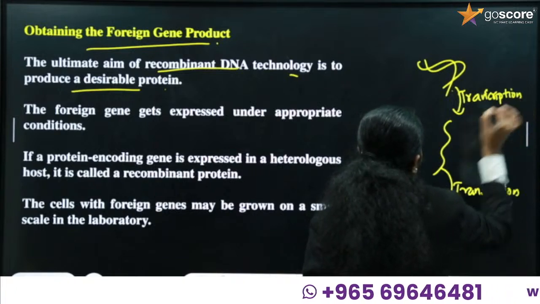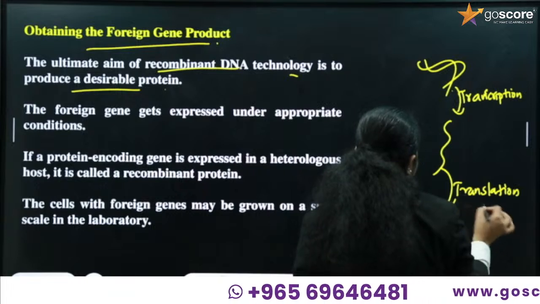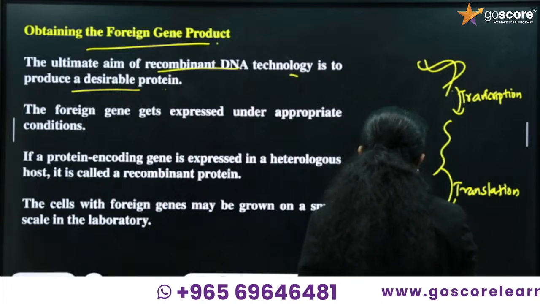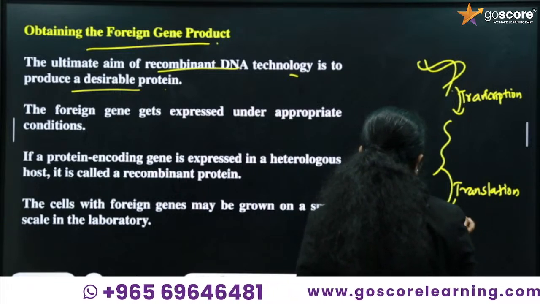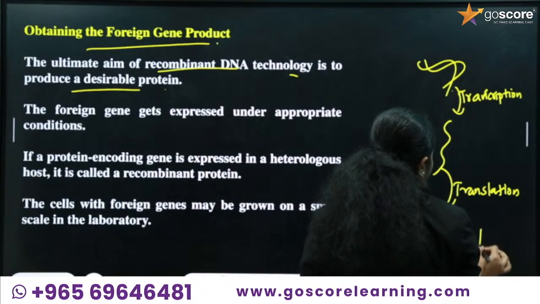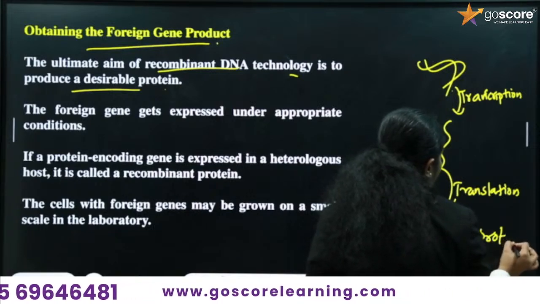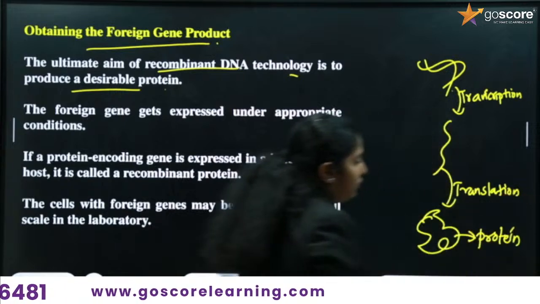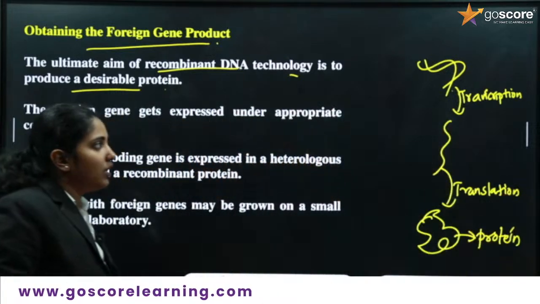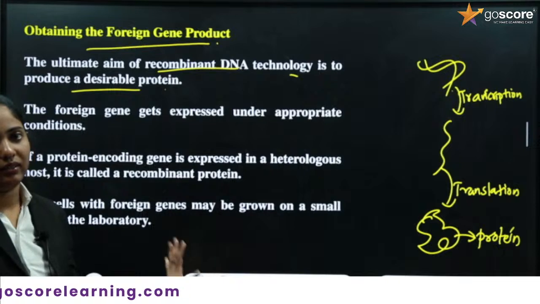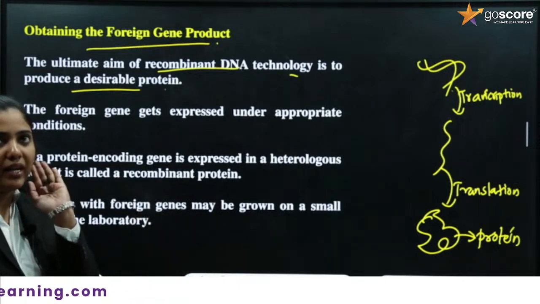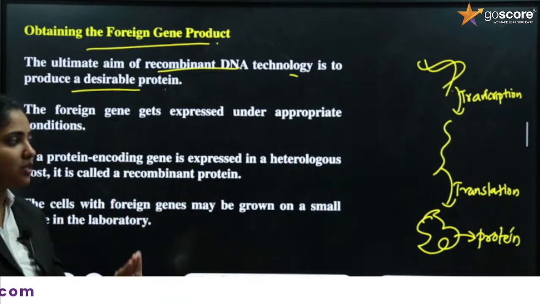What is formed? RNA is formed. After RNA, the translation process takes place, and translation helps in the formation of the protein. Understood? Clear? It is very important that you keep an idea on what is transcription, translation, and protein.